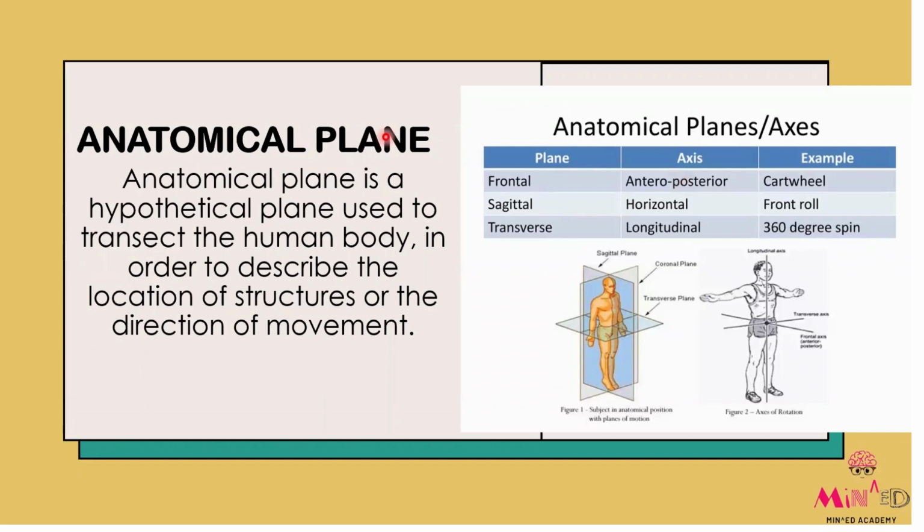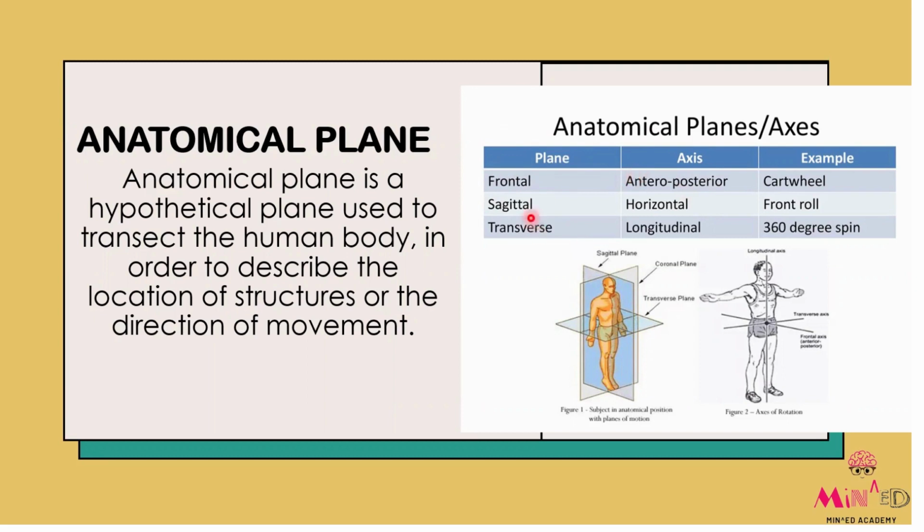Now, anatomical plane. What is an anatomical plane? An anatomical plane is a hypothetical plane used to transect and divide the human body in order to describe the location of the structures and the direction of the movement. As you can see here, the frontal plane. What is the frontal plane's axis? Anterior posterior.